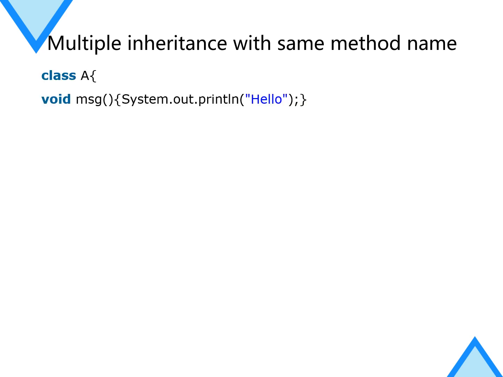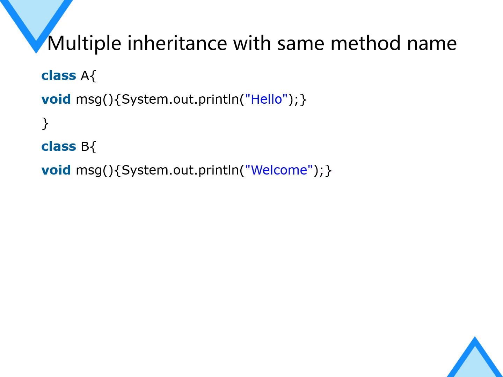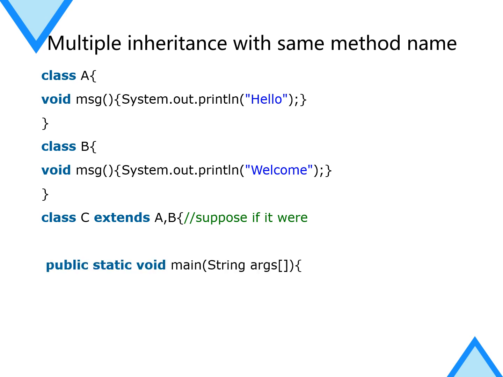For example, we have class A and a method of class A, msg, and we are going to print the message hello through this method. Now we have another class B, and here we are also going to print some message msg, and here we are going to print welcome. So these are two parent classes. Now we are going to extend class C from A and B. In C++ we can do it, but in Java it is restricted.